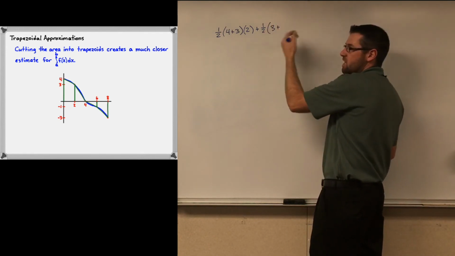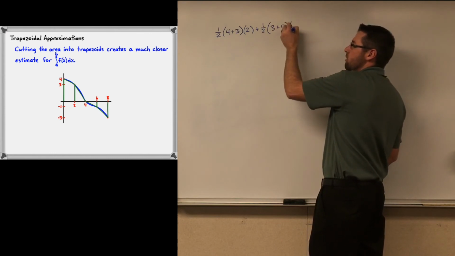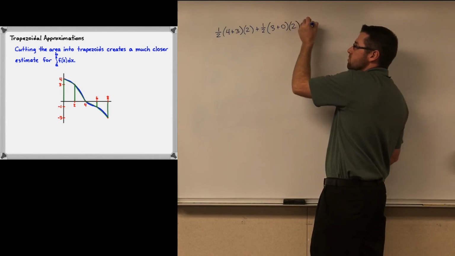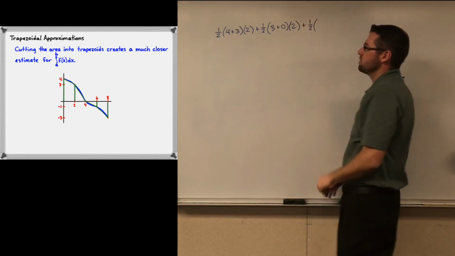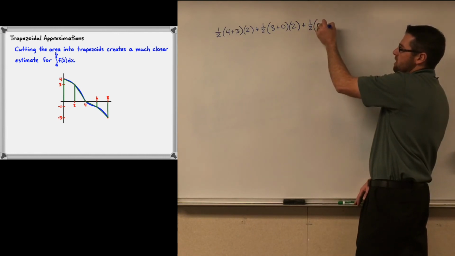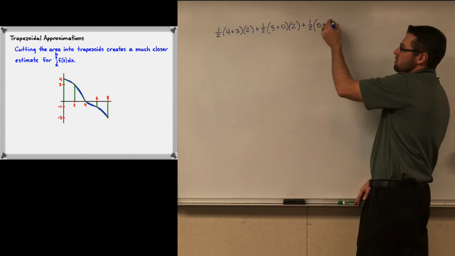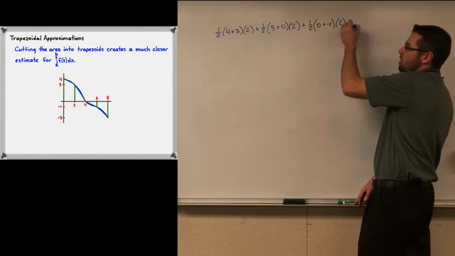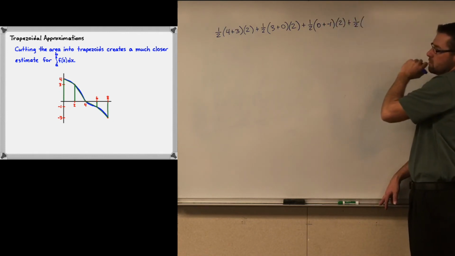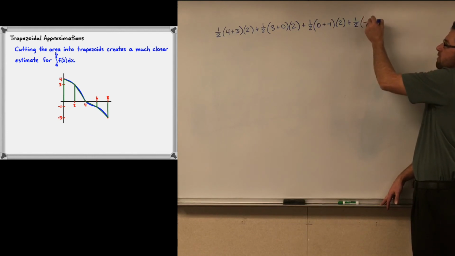And then the second base is 0. And what's the width? 2. Plus 1/2 of, what's the third trapezoid? 0 plus -1 times 2, plus 1/2 of -1 plus -3 times 2.